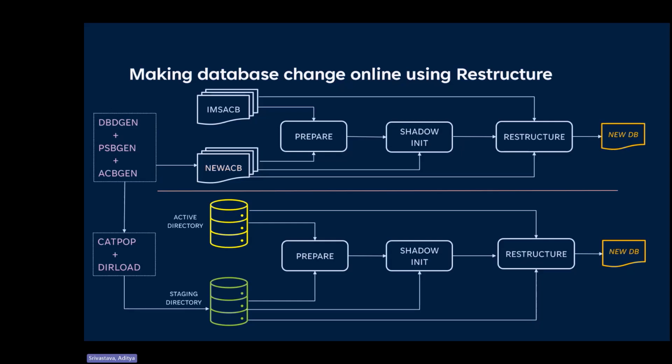Some utilities are used for making changes and need to access two different control blocks, the old and the new, or existing and new. In that case, the utility expects the new definitions to be in the staging directory by default. If they are not found there, it checks the active directory. That does not happen in restructure. That happens for unload, reload, and change.